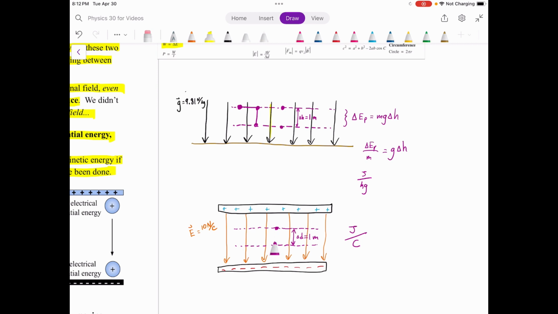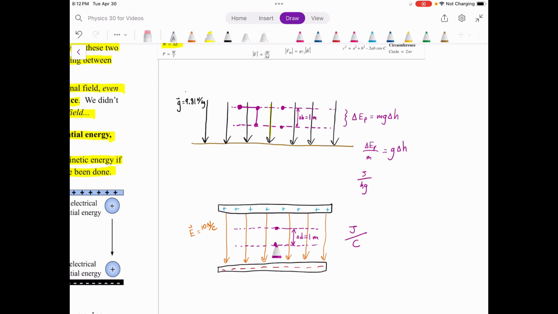A 0.5 coulomb charge will lose half as much energy as a 1 coulomb charge, right? We have found a way, just like we did up here, to generalize the difference in potential energy between these two positions, even without having a real charge that we're moving through there. Because again, that was all we were missing. We know everything we need to know about this position and this position.